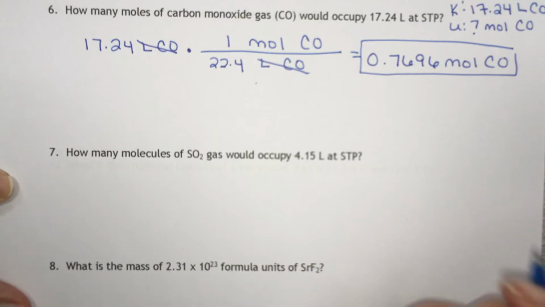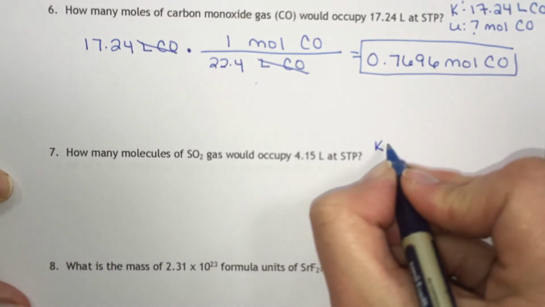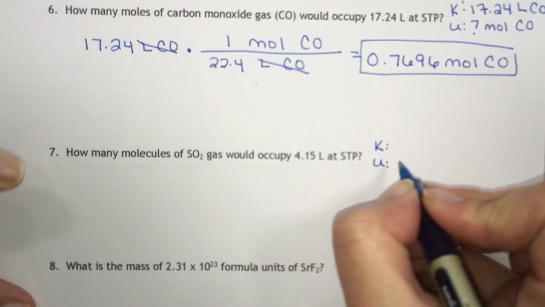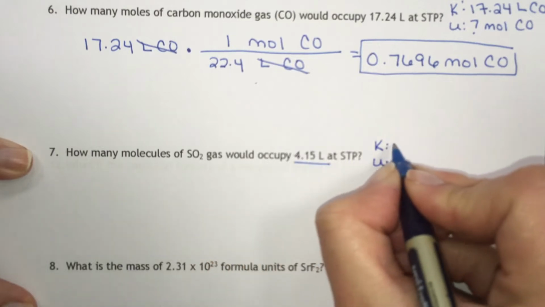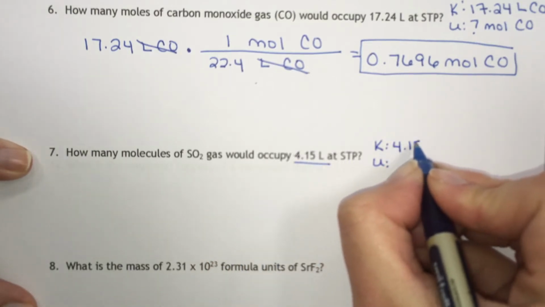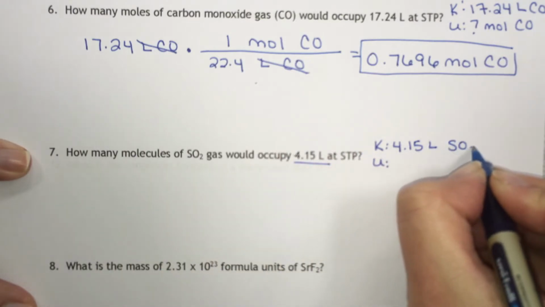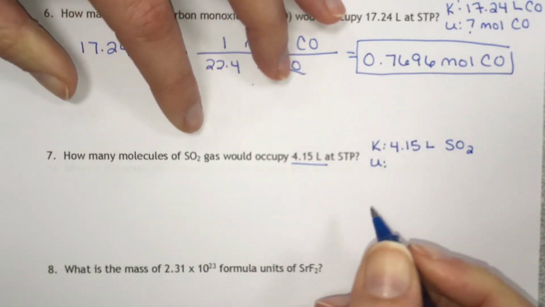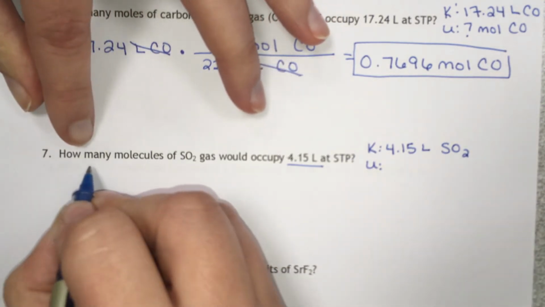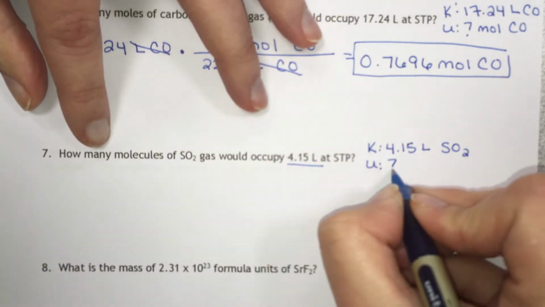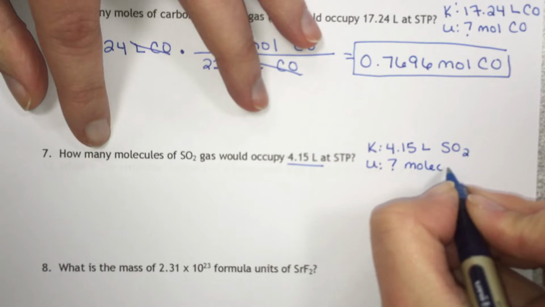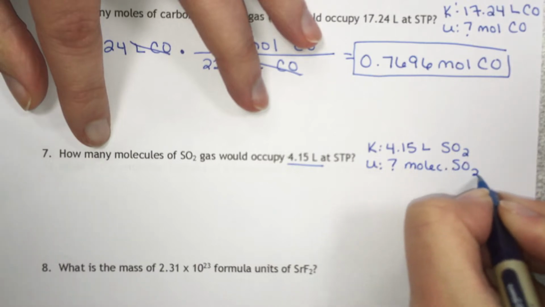That's how you know if you have a two-step problem. So you have known, you have unknown. Known is what they give you in the problem, 4.15 liters of SO2, sulfur dioxide, and then we want to know how many molecules of sulfur dioxide we have.